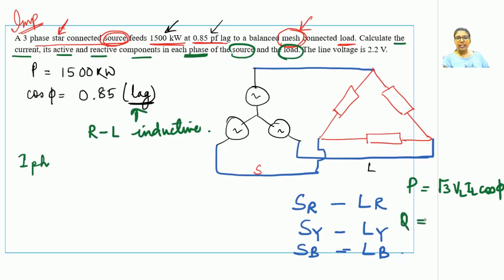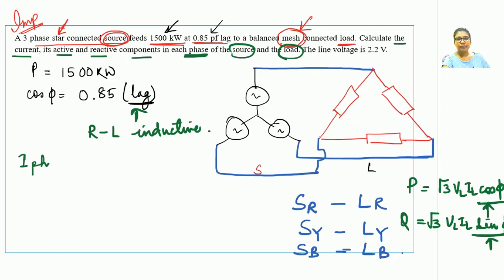Whereas reactive power is the power which delivers a work which is not visible to us, it is not real, and it is represented by a component of sin phi, and real power is given by a component of cos phi.